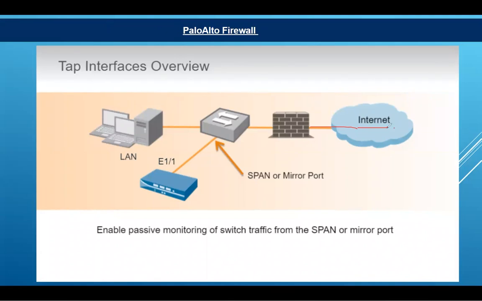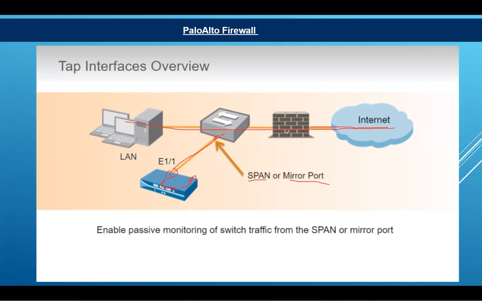So what happens? Suppose I'm trying to access the internet. On this switch, we will configure a SPAN interface or mirror interface, which makes a copy of the data and forwards it to our Palo Alto firewall. On this firewall, we will analyze the traffic and generate a report.